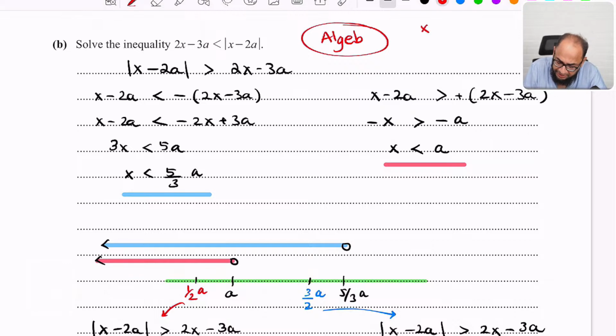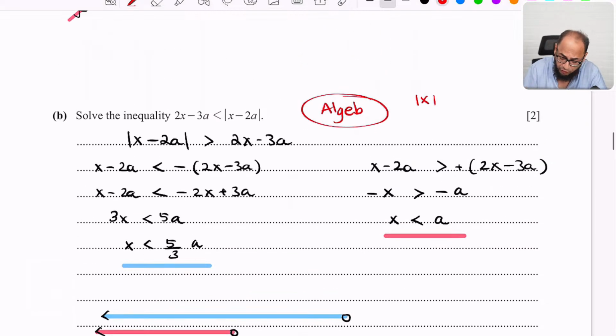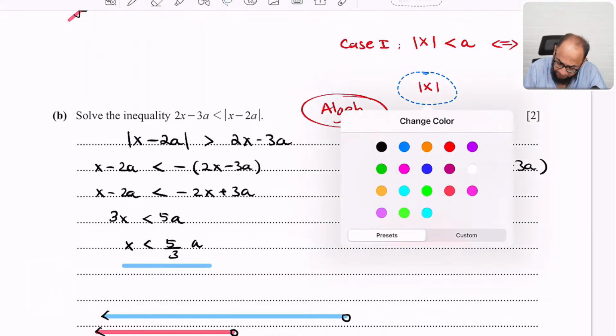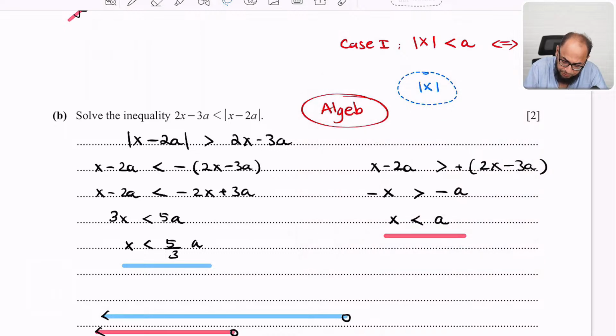And there are the cases that I've defined. If you have watched the video in a very calm manner, you would remember the different cases that I had decided on. So let me write it out. Case number one, that is modulus of x is less than a. That is the same thing as x lies between negative a and positive a. Case number two, that is modulus of x is greater than a.